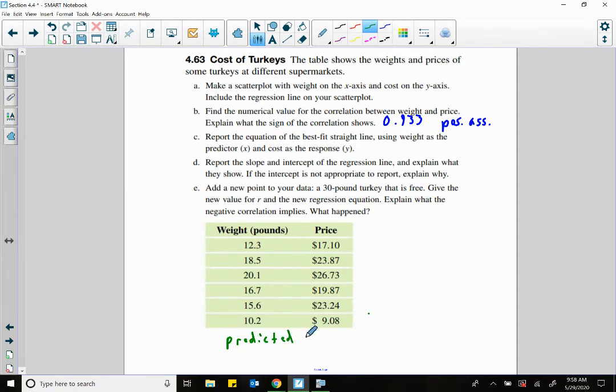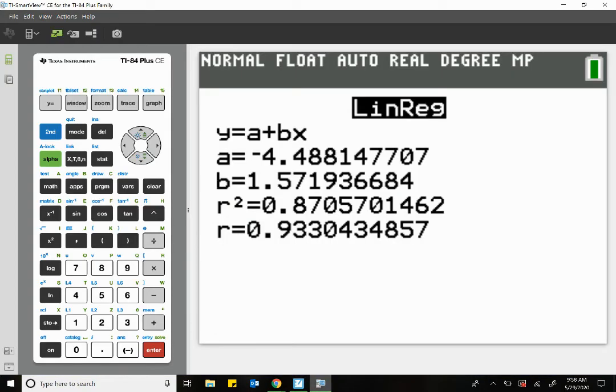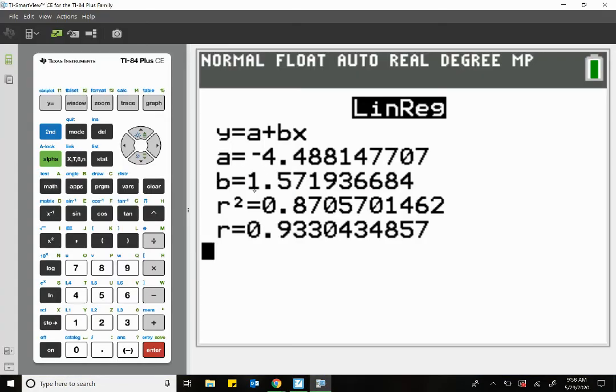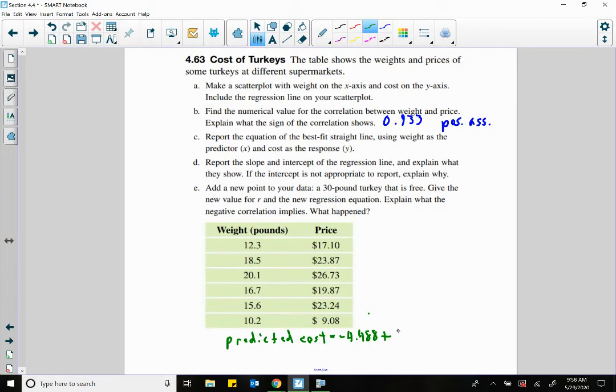Predicted cost equals negative 4.488 plus 1.572 weight. There's our equation. Okay.